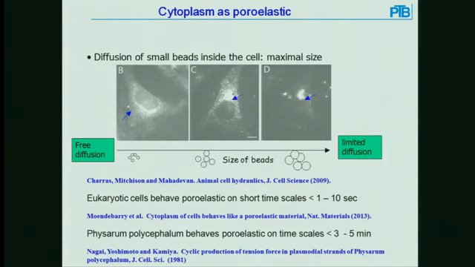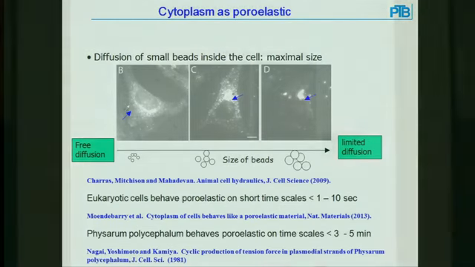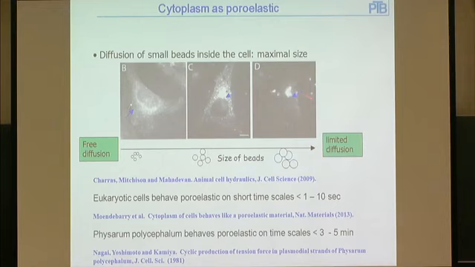And if these beads were very small, then they were distributed homogeneously. If they were intermediate, they stayed still near the place where they initially put, and if they were even bigger, they were almost localized in a particular part of the cell. And one conclusion was that just means that the cell itself, at least on the scale of these experiments, cannot be really a fluid, because otherwise it would maybe not matter so much what happens.